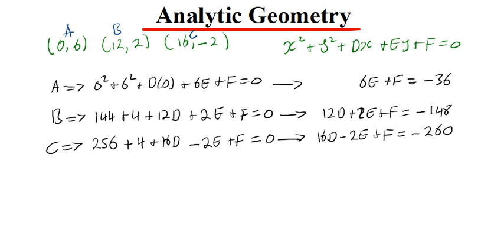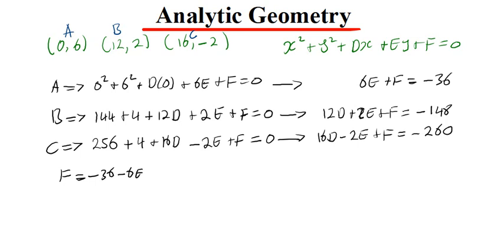So now one thing that I observe here is that I can try to work this out in a certain way. I can get equation 1 from this one. Maybe write it in terms of f. I would say, okay, let my f be equal to minus 36 minus 6e.